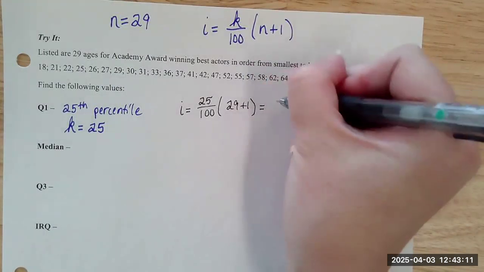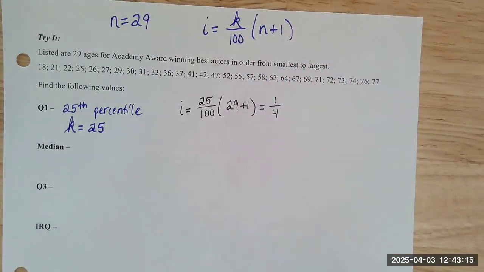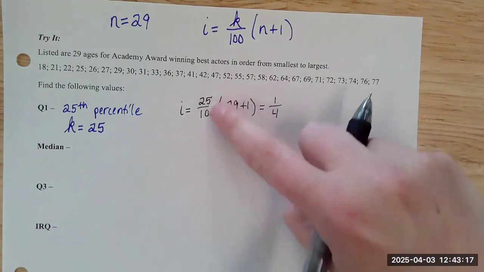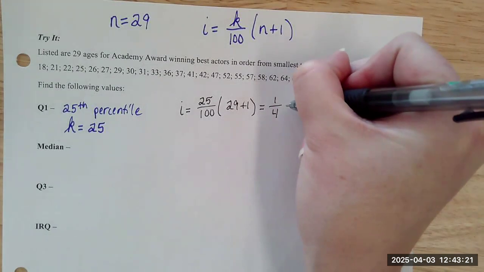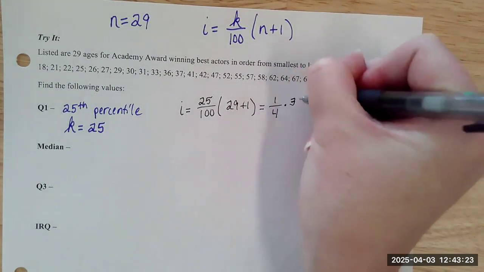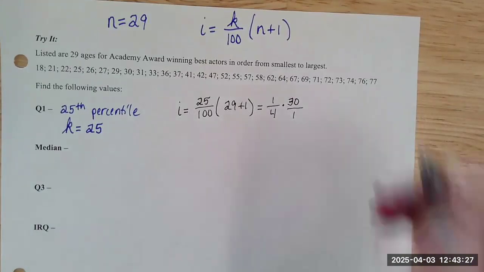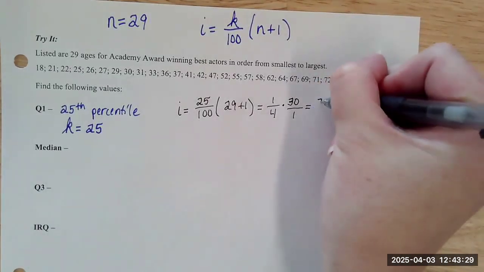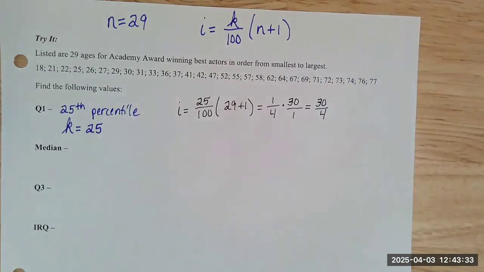25 over 100, are you okay with me turning that into 1/4? I'm just simplifying that fraction, 25 over 100 to 1/4. And then 29 plus 1 is 30. If it helps, you can put that 30 over 1 so you can see how I'm going to multiply those out. I got 30 divided by 4. 30 divided by 4 doesn't come out to be a whole number.